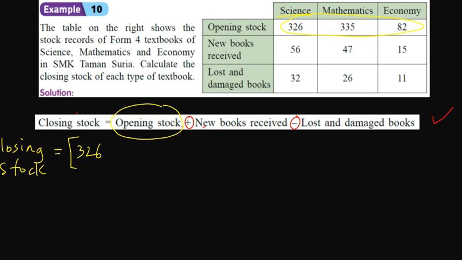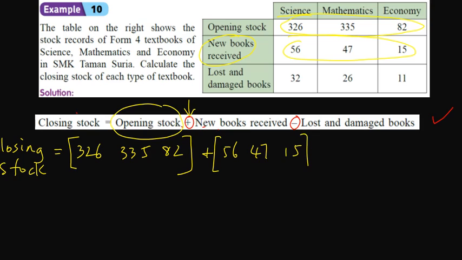Okay, close the bracket. You add your new books. So new books is this one: 56, 47, 15. And then you minus your loss and damage. This is your loss and damage.